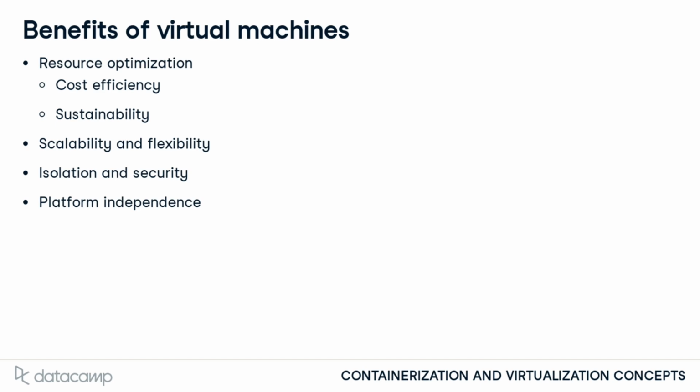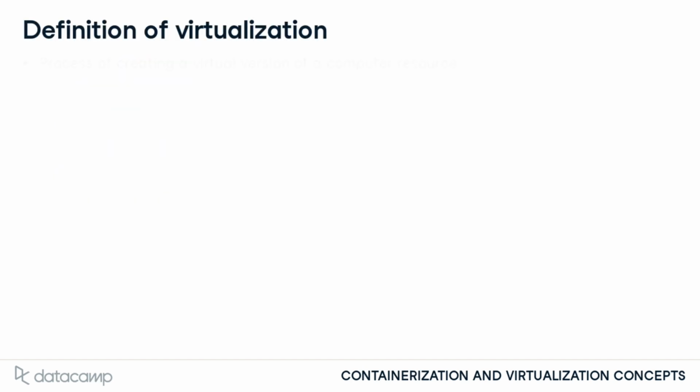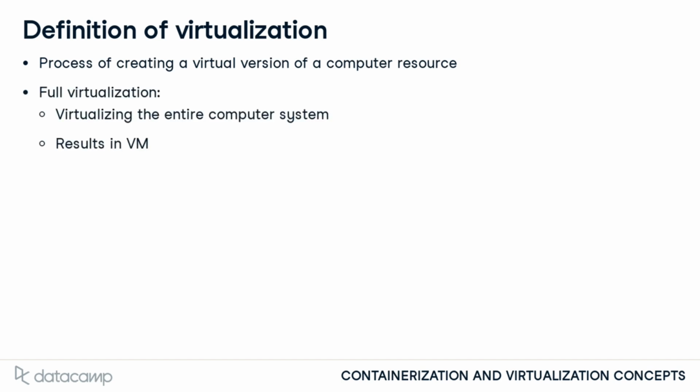Simply put, virtualization is the process of creating a virtual version of a computing resource. There are different levels of virtualization. The most advanced level is the virtualization of an entire computer system, including both hardware and software. This results in a VM and is also called full virtualization.